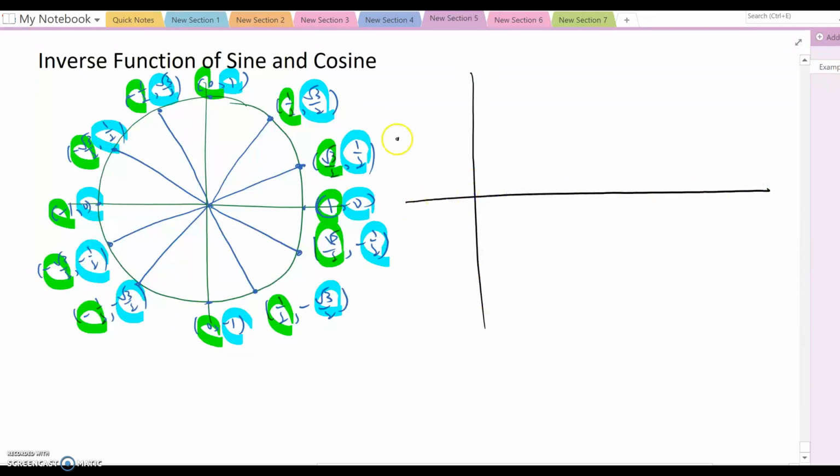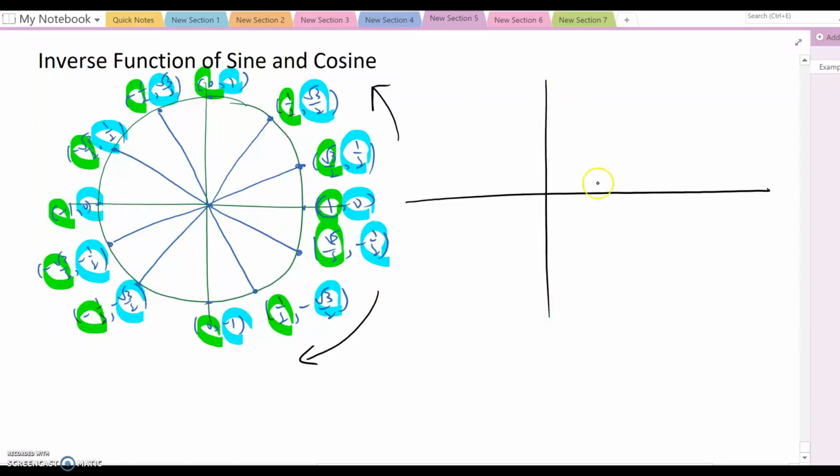So basically, this direction is positive sine x, this direction is negative sine x here. I may draw this one more like center, and the key points are this one, this one, this one, and then again here.